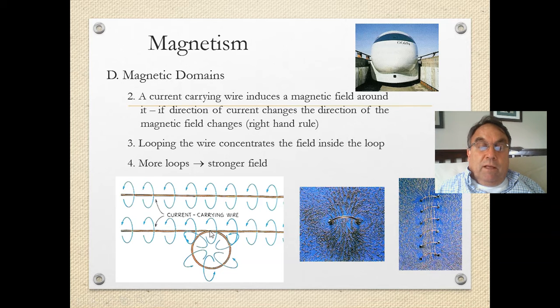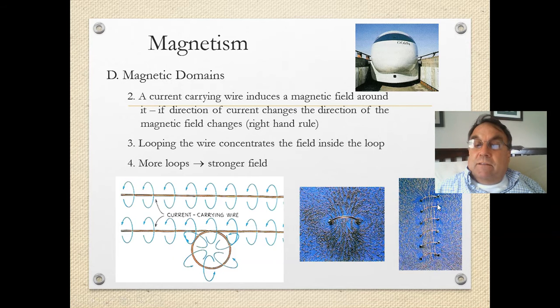Now, in order for the current not to jump this gap, this wire has to be insulated. Usually you want a thin coating of insulation so that the current can go through, but the magnetic field isn't itself blocked. The more loops you have, the greater the strength of the magnetic field. Here the field is greater than out here, but with a number of loops, it's greater still.